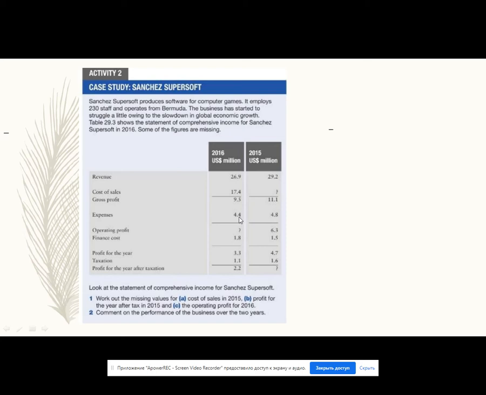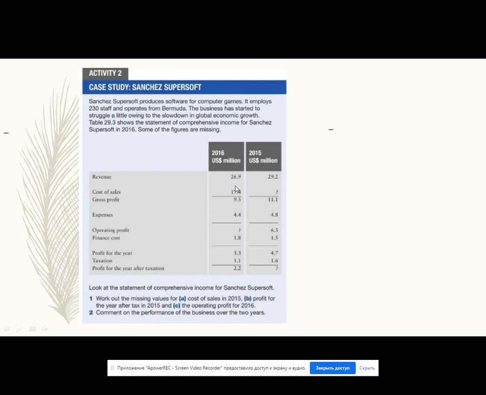So it's not about expenses. Gross profit went down significantly from 11.1 to 9.5. Why did it happen? Well, actually, cost of sales, they went down as well, right? So it's not about cost of sales, but revenue went down significantly from 29.2 to 26.9.